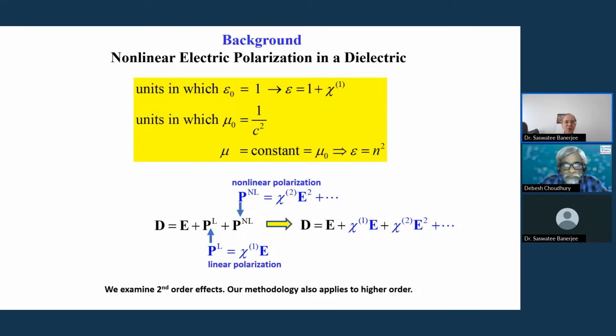I'm going to use units in which this is the electrical permittivity in vacuum, which is basically a parameter that governs the speed of light in vacuum. I'm going to define it this way, and this chi1 is a constant. You can just think of it that way.